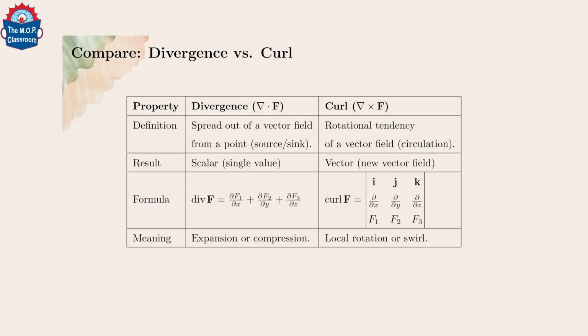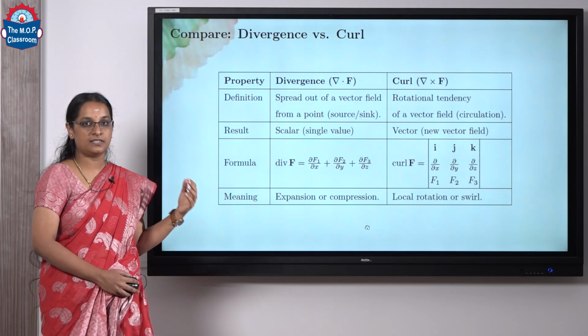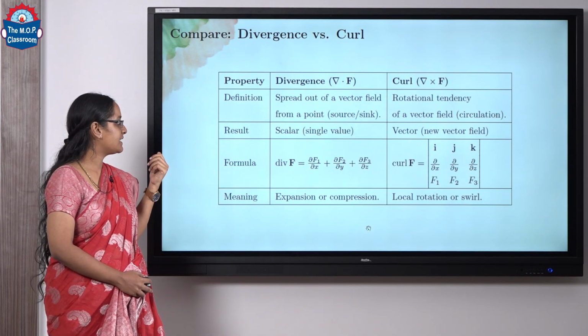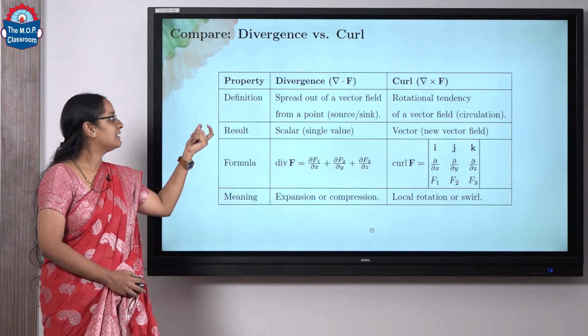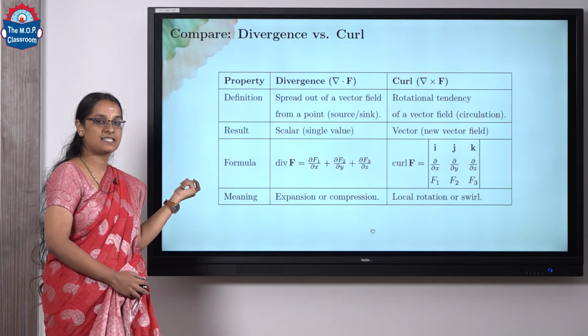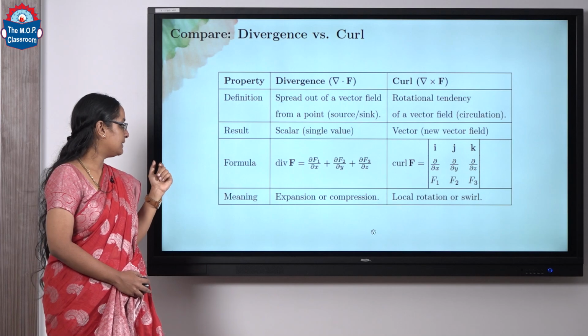To summarize what you've learned, we can see the divergence and the curl differentiated in the table. In the definition, the divergence tells you the spread of the field, whereas the curl tells you how rotating it is. As the result, the divergence is a scalar, the curl is a vector. The formula differs, of course, because one is a scalar and the other is a vector.